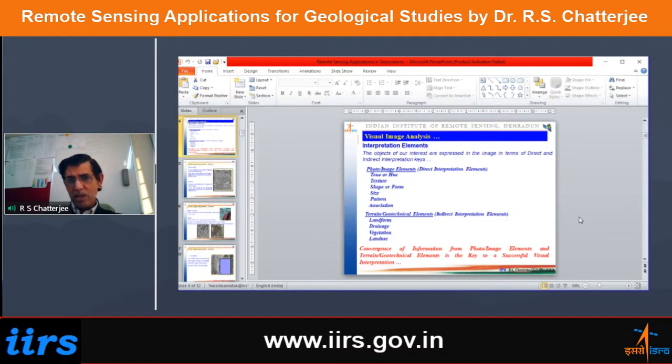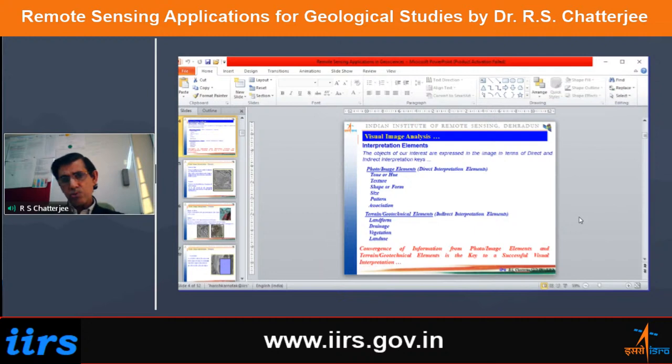The direct ones are photo and image elements, and they include tone or hue, texture of the image, then shape or form of the objects, size of the objects, pattern of the objects, and association of different objects. Then come the indirect interpretation elements. They are terrain or geotechnical elements. They include landform, drainage, vegetation, and land use.